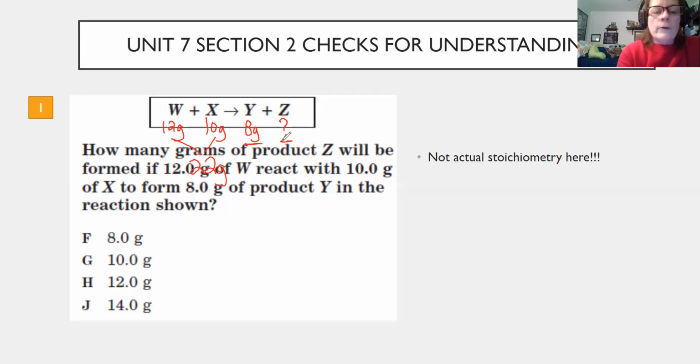So you've got to figure out what would go with Z to create 22 grams on this side, because remember, they have to balance. If you just do the math in your head, hopefully you figured out you had to have 14 grams here, and 14 plus 8 gives you 22. So your answer is letter J. Again, very simple, but it's just a basic concept of the law of conservation of mass.